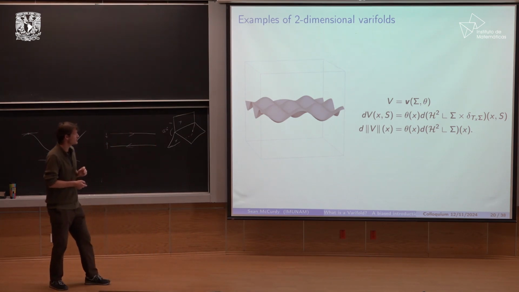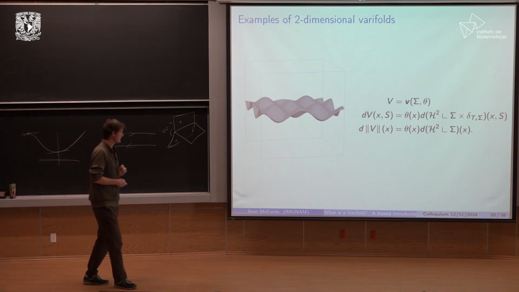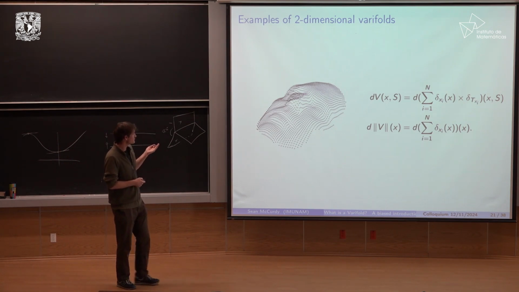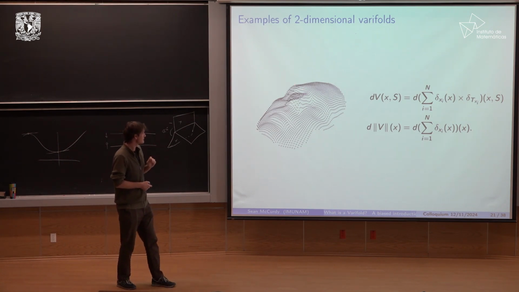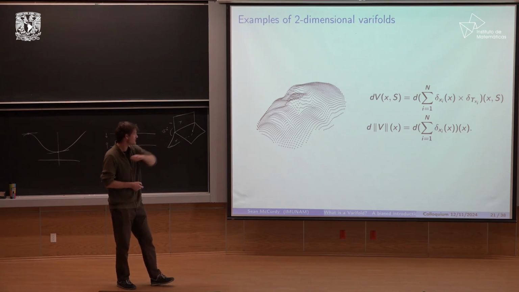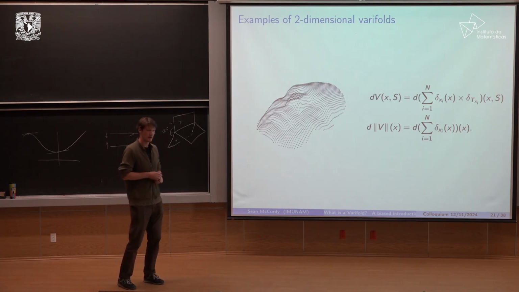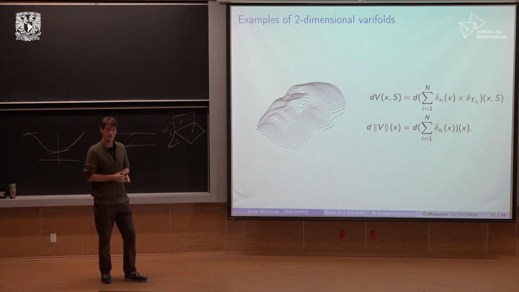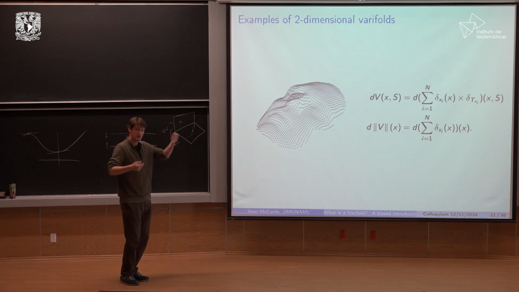And of course, when we look at the mass, we sort of project away this Grassmannian component, and this is just the weighted area of the submanifold. Very, very natural. But there are other examples of two-dimensional varifolds. We could take a cloud of points, put little Dirac masses on each of them, and for each of them say, I want to associate a different particular two-plane, to approximate maybe a surface.